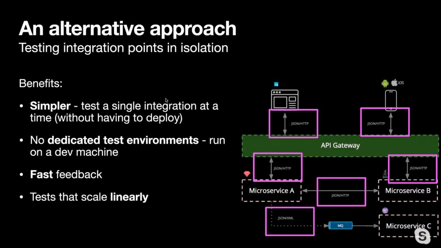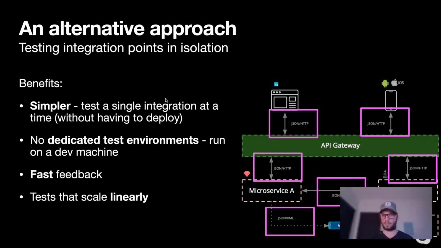In this case, we can also have tests scale linearly. We don't have to rely on all of the other systems to do everything else and put in tests for them. And we can deploy services independently, given the contract is not broken.